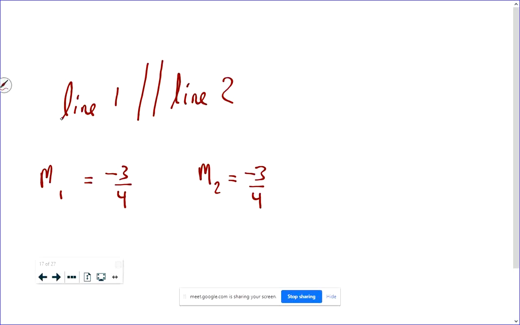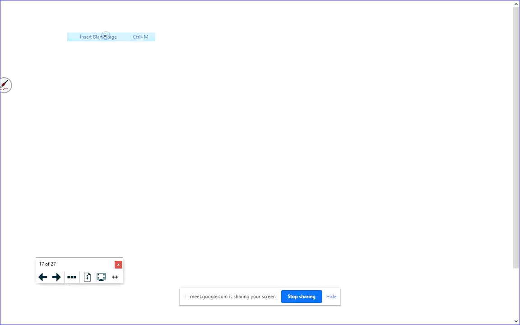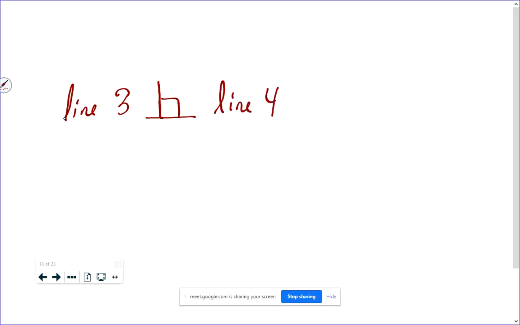What does it mean, though, to say that perpendicular lines have negative reciprocals as slopes? If line 3 is perpendicular to line 4, and the slope of line 3 is negative 3/4, then the slope of line 4 is the negative reciprocal of that number.